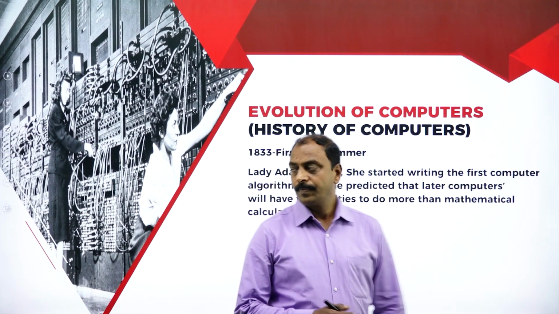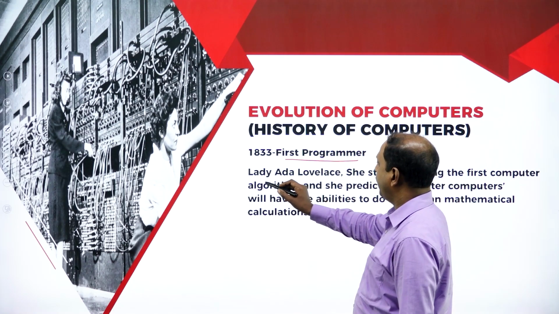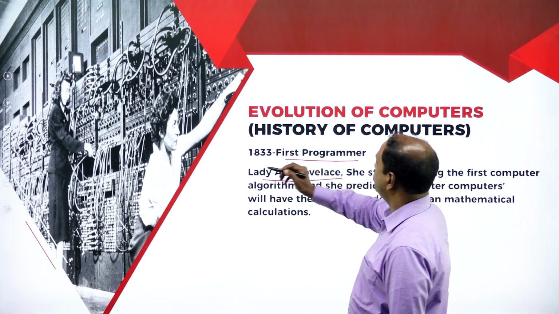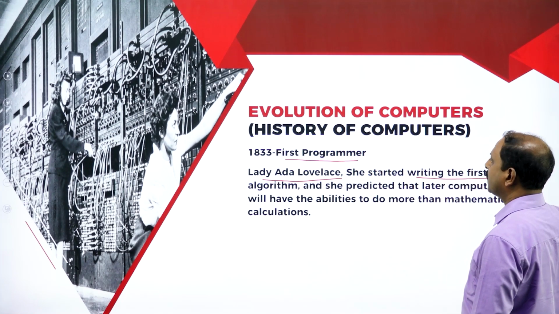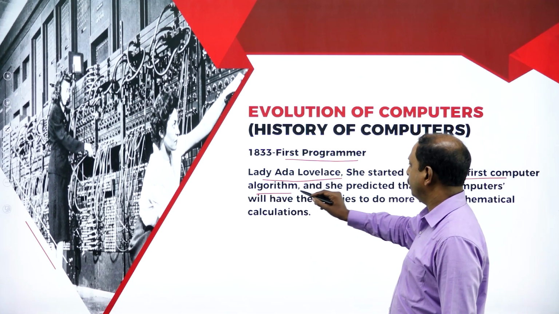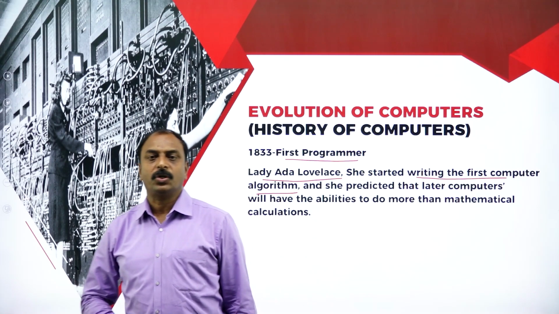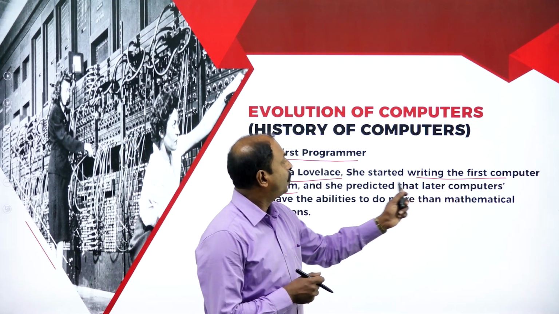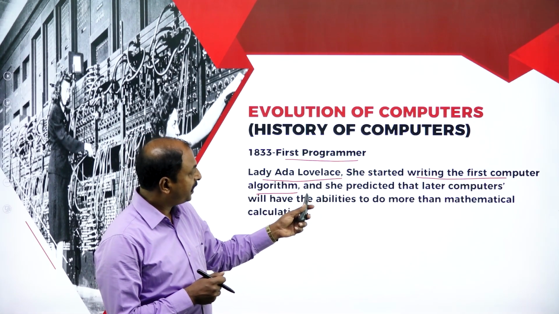Next is the first programmer. Lady Ada Lovelace started writing the first computer algorithm for the device. She was working with Charles Babbage, and she used to write some coding, or we say algorithm, for a particular application.